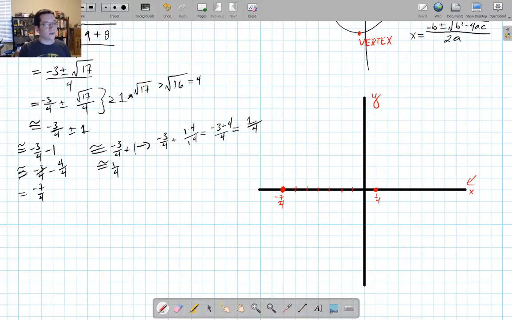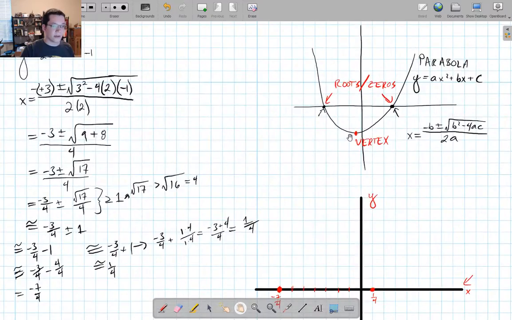Now we know from other stuff about parabolas that this vertex, this peak point, for the case of a second degree polynomial where the highest term is a 2, happens exactly halfway between the zeros.